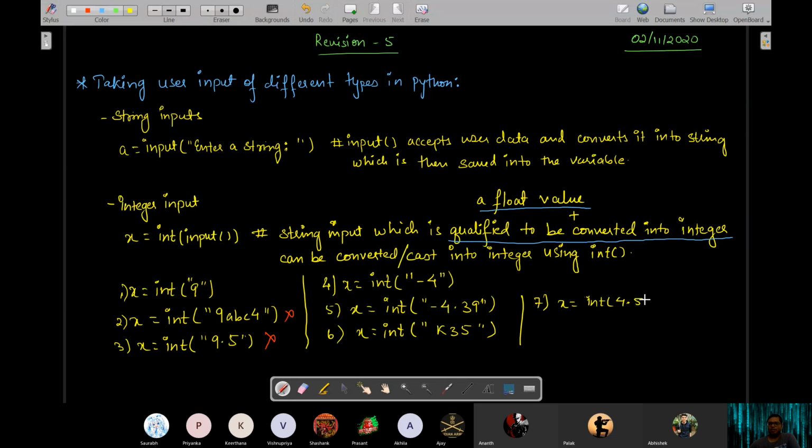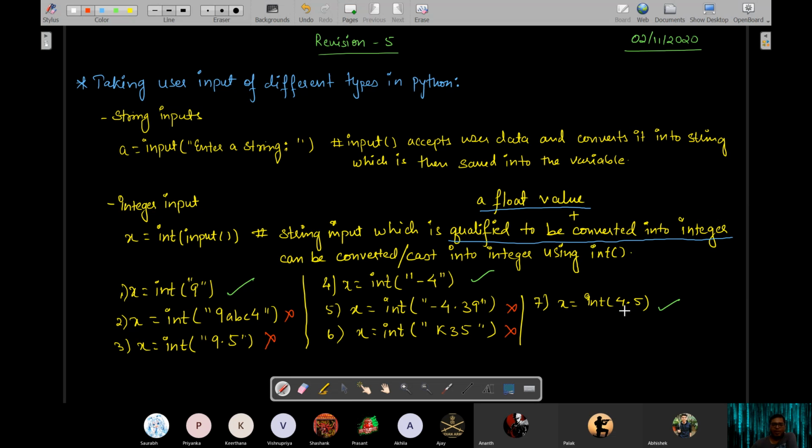Okay. 4.5. Right. So which all are correct? First one is correct. Fourth one is correct. Fifth one is correct. No, it's not correct. Seventh one is correct. गलत कौन कौन सा है? Second, third, fifth, and sixth is wrong.